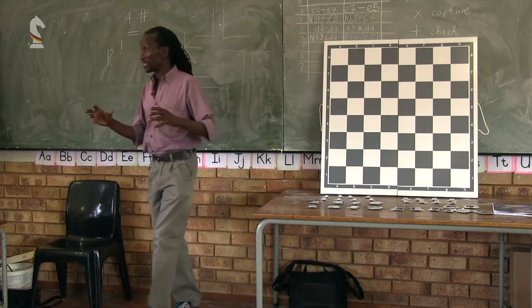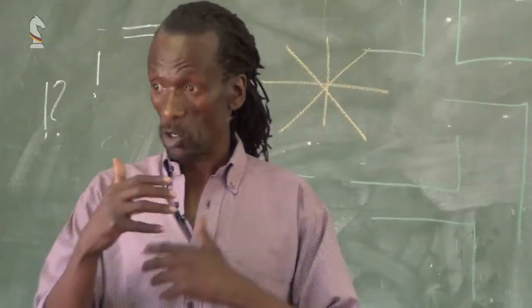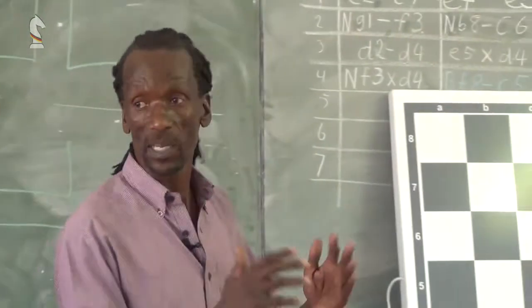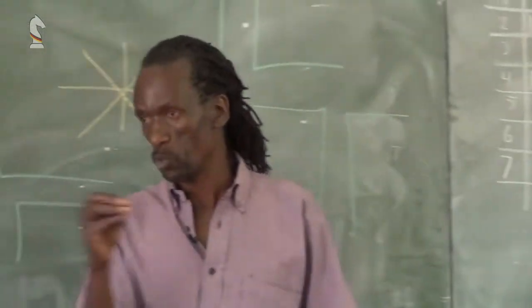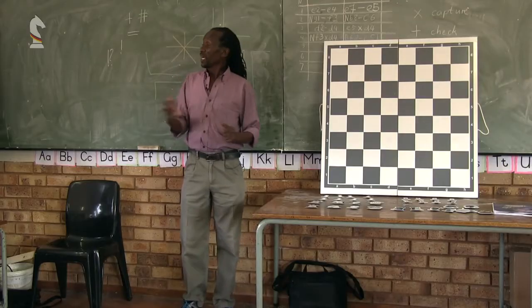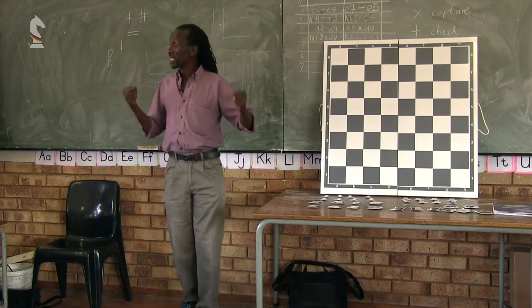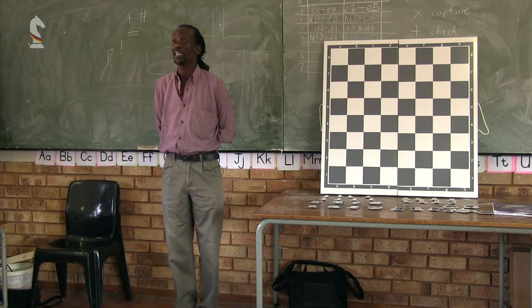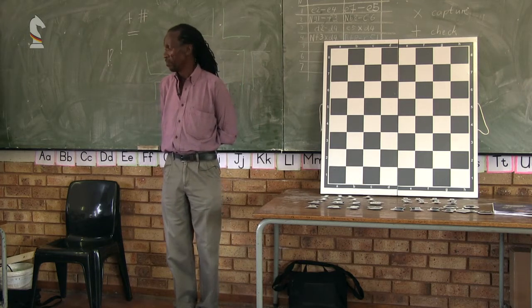And we play chess as opponents, 2 people playing. One will play black and the other will play white. Normally, white will start playing. I tell the children that they must get used to tossing before. They have to toss in order to determine who will play first, who will play white.